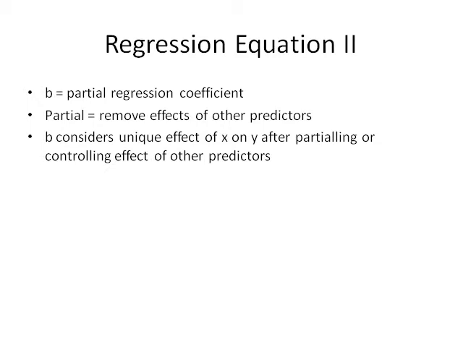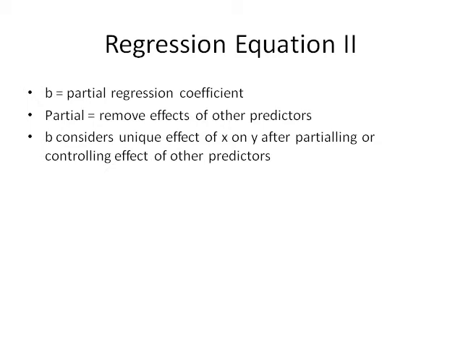In multiple regression, the name of b changes from the regression coefficient to the partial regression coefficient. The name is changed because b is computed only after the effects of the other predictors in the model are partialed or removed. Thus, b in multiple regression is based upon the unique ability of its predictor to predict the criterion after controlling the effects of the other predictors.